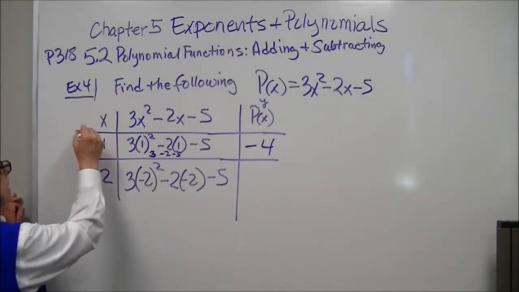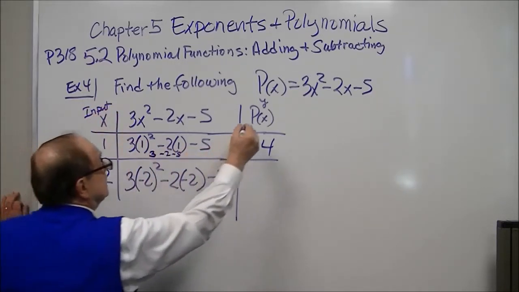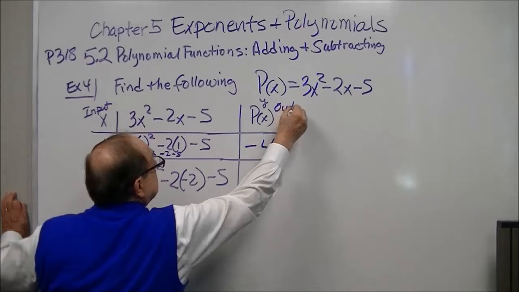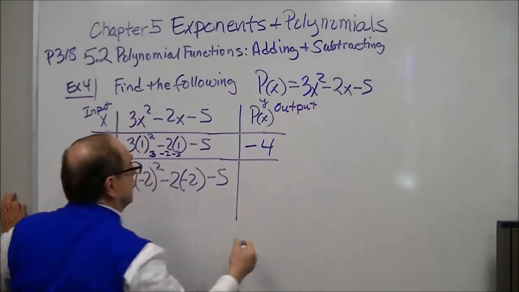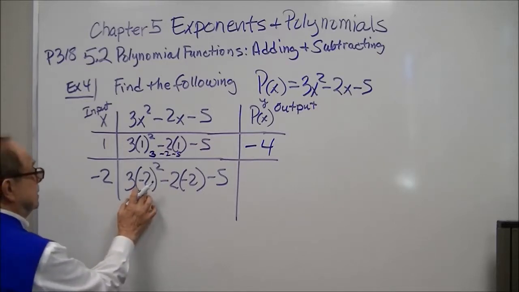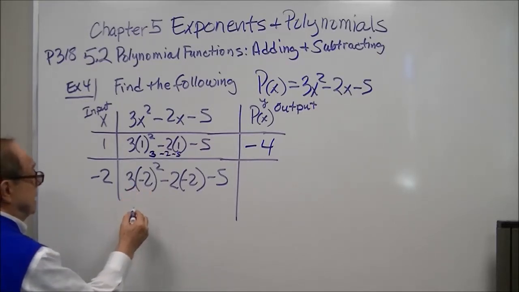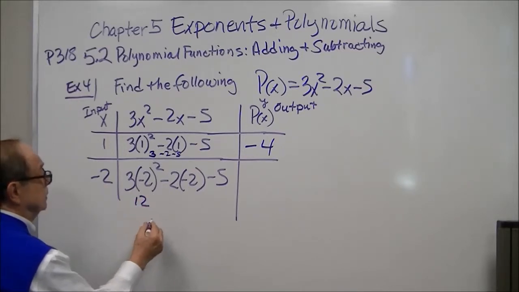So this is input and this is output in function. So here this is going to be a -2 times -2, a +4. Times 3 is 12.